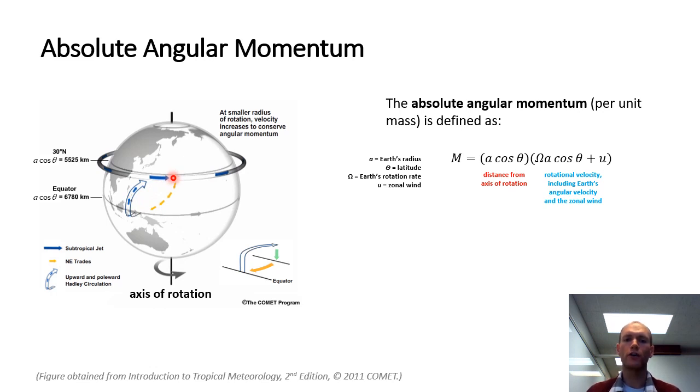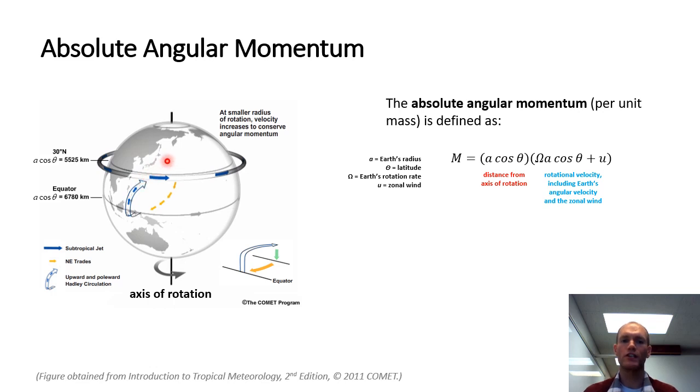So at the equator, where the latitude is 0, cosine of theta would be 1, and the distance is just equal to Earth's radius, or 6,780 kilometers. Whereas up here at 30 degrees north latitude, it's not the radius of the Earth, so from there to the center of the Earth, but rather from there to that axis of rotation.